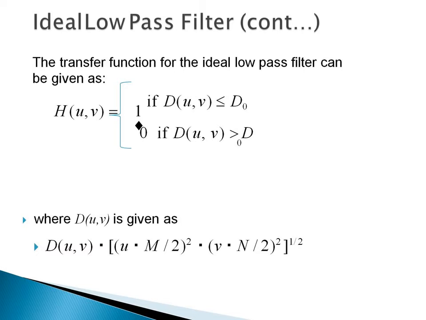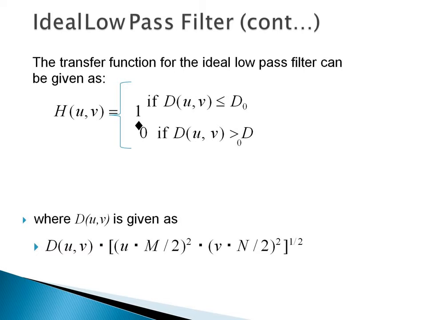This ideal low pass filter is obtained by making use of the function H(u,v) = 1 if D(u,v) is less than or equal to D0, and H(u,v) = 0 if D(u,v) is greater than D0, where D0 is a positive constant and D(u,v) is the distance between a point (u,v) in the frequency domain and the center of the frequency rectangle.